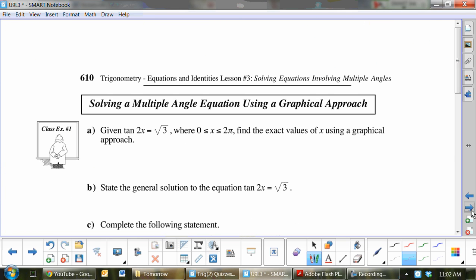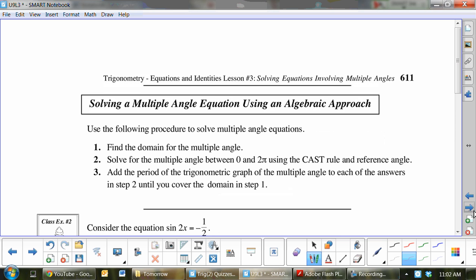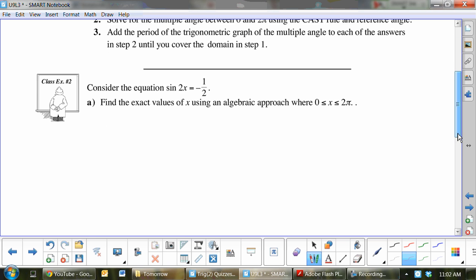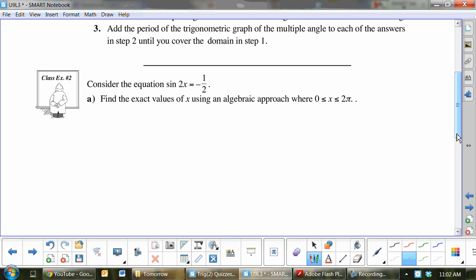So I want to go right to this page here, and we're going to solve sine 2x equals negative a half. So I'm going to do steps now. So step 1 is, do we know how to solve for sine 2x equals negative a half?